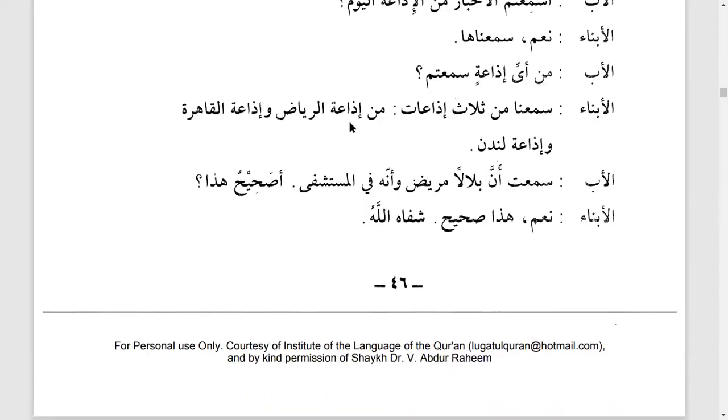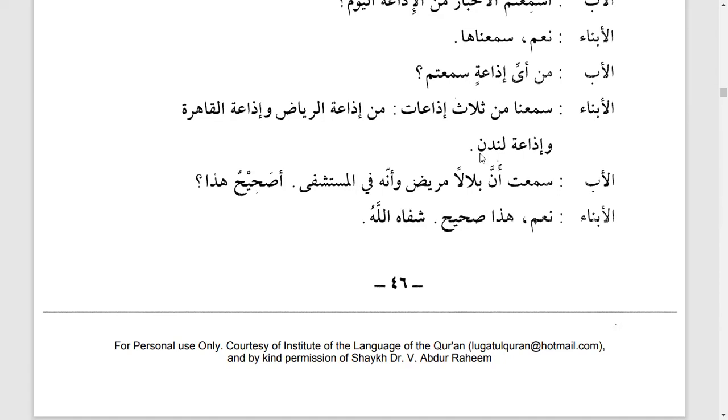What are those? Min idha'at al-Riyadi, from Riyadh radio station, wa idha'at al-Qahirati, and Cairo radio station, wa idha'ati Londana, and from London radio station. Okay, now here I have used kasra, Riyadi, Qahira I have used kasra, but here, Londana, no kasra. Why?